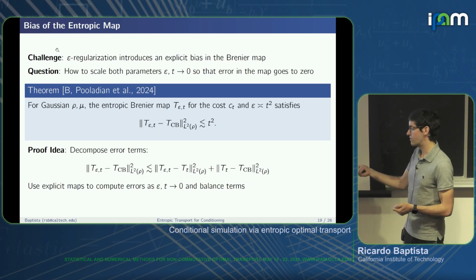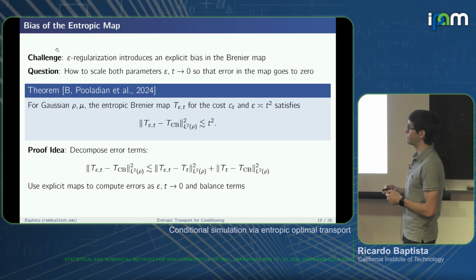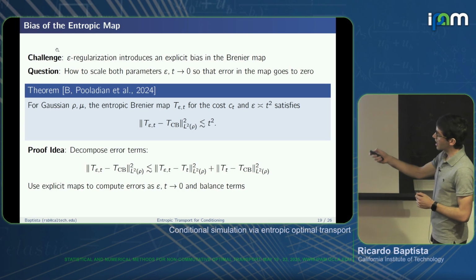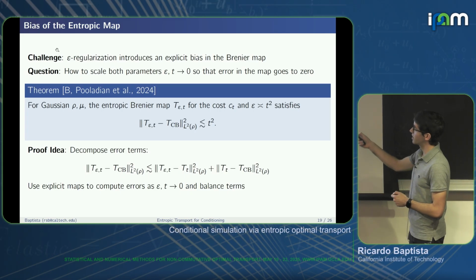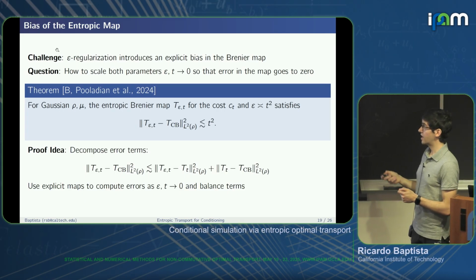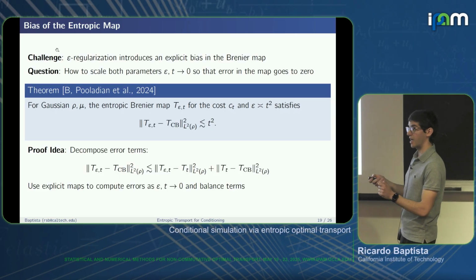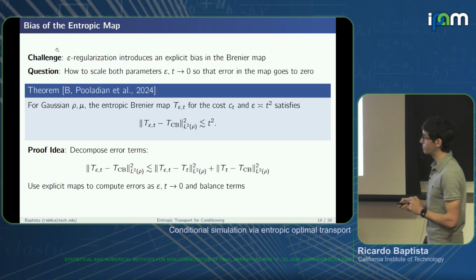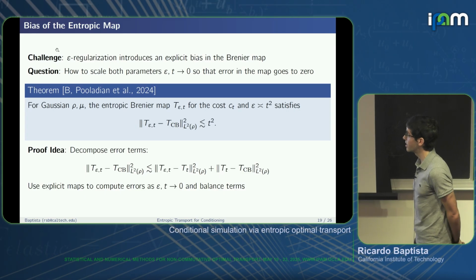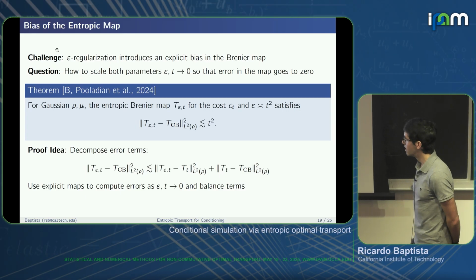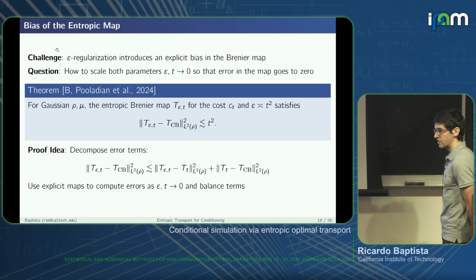In particular, this is a setting where we can compute the entropic map and the conditional Brenier map explicitly and do some asymptotic expansions to show that if you choose the regularization parameter to scale epsilon as t squared, then it will balance the error coming from the entropic regularization and the error of introducing this finite t parameter, and the error will go down as t squared as t goes to 0. And so that gave us a schedule for how to choose epsilon in practice.